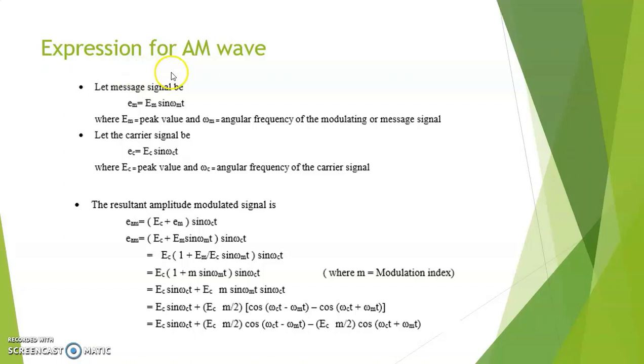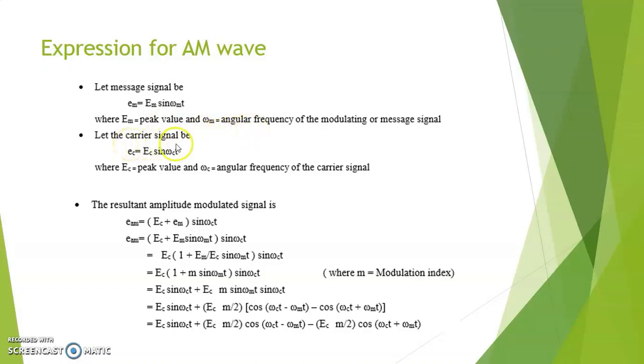Now let us derive the expression for the amplitude modulated wave. If the message signal is given by small em equals capital Em sine omega m t, which is the basic representation for any sine wave, Em is the peak value and omega m is the angular frequency of that signal.